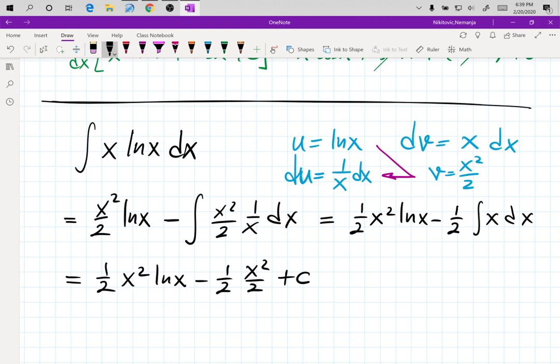Now I am going to factor out 1/2 x squared. I'm doing this because there's computer science in the room, right? Otherwise I wouldn't care. 1/2 x squared, and what's left is ln x minus 1/2 and then plus c.